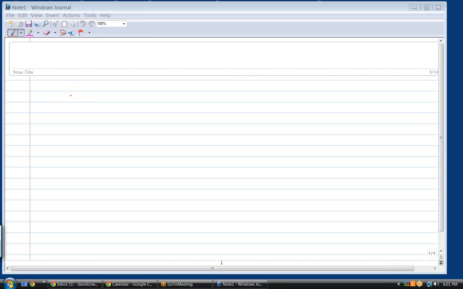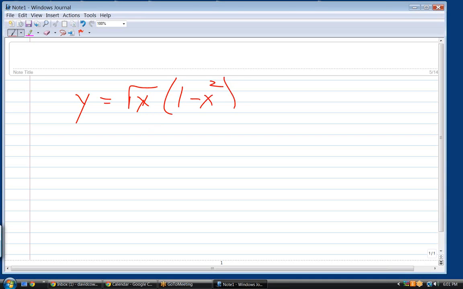So the first is going to be root x times 1 minus x squared. And it's just use the product rule. The best way to always write radicals when you're doing calculus is to convert them to exponential form.